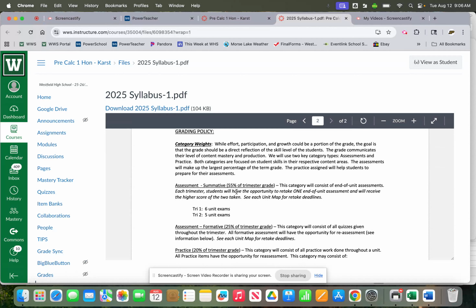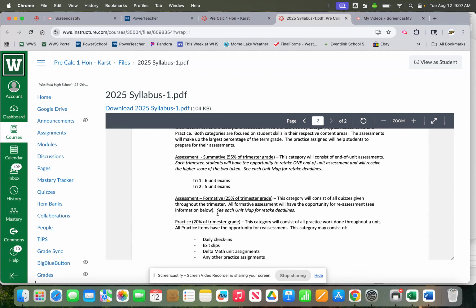If they miss something, to correct that and get that knowledge so that they are prepared for these summative exams. We do allow them to retake one of these within the class. So one of the 6 in HPC 1, one of the 5 in the HPC 2, just for whatever reason. If they had something go wrong and they totally messed up one, we're going to give them a redo.